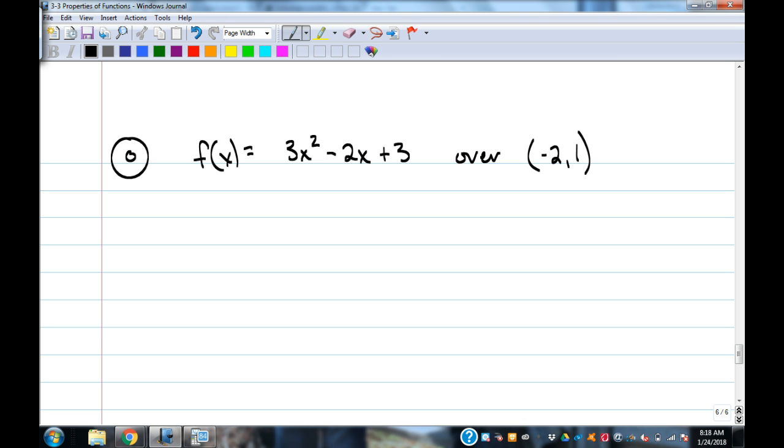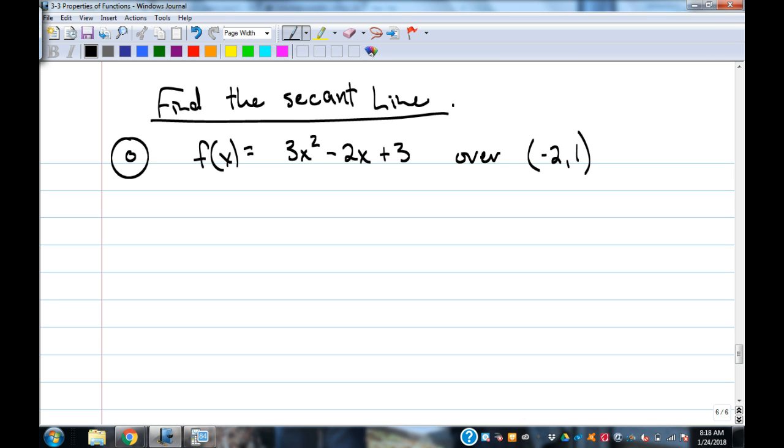And we want to find the secant line. Okay, so what's the first thing that we do?